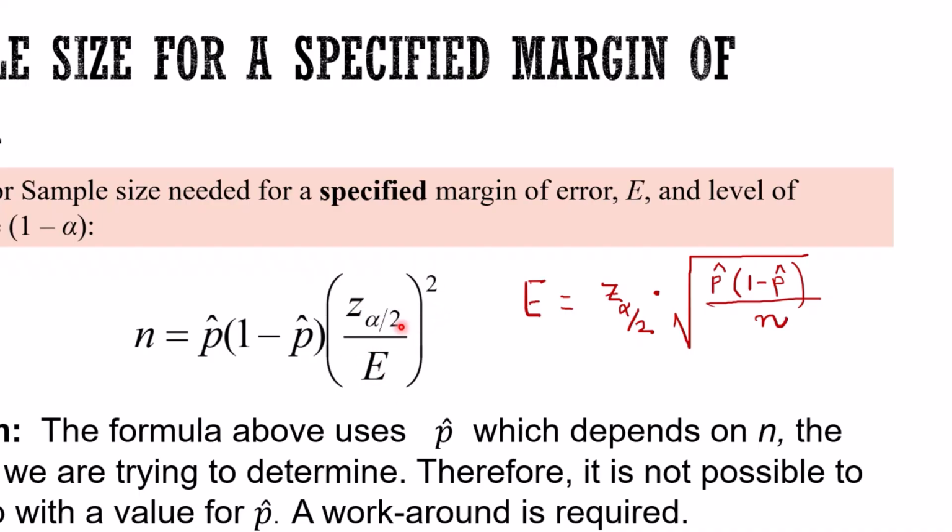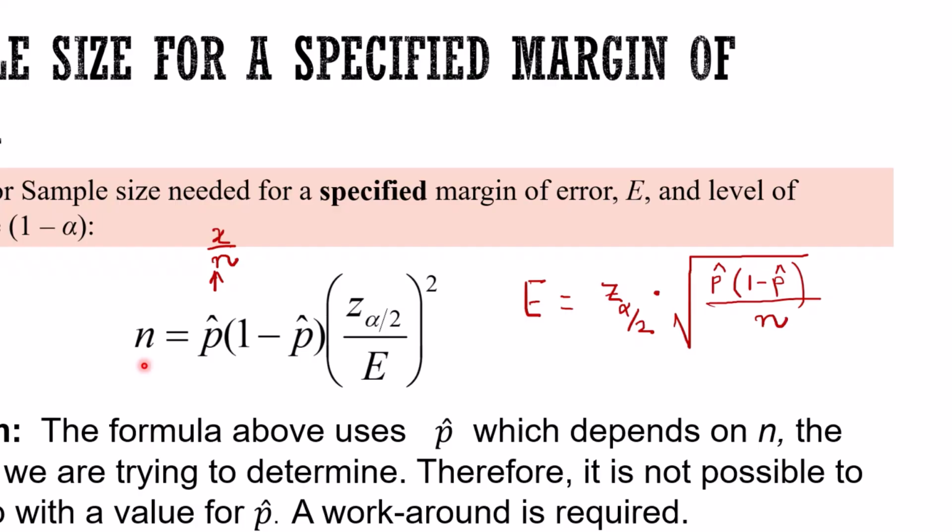Now there's a slight problem with this formula. Because it uses p hat in the formula, recall that to calculate p hat we use the formula x divided by n. That's the formula to find p hat. However, we will not know what the value of n would be, because that's what we are trying to find here.